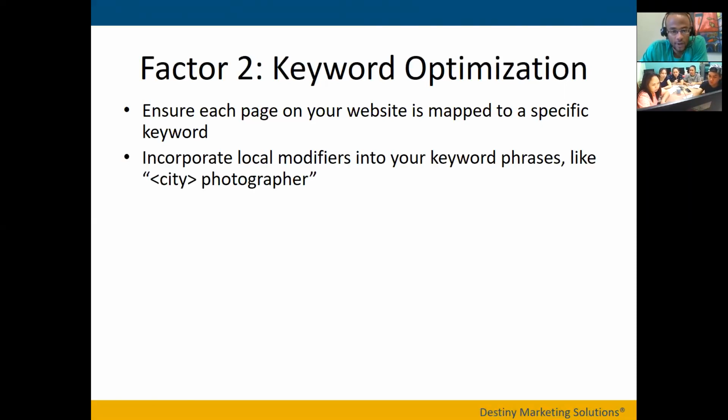For local SEO, there's something called a local modifier, where you incorporate your keyword phrases but also your city. Let's say you were a photographer in Angeles City. Instead of just optimizing your website for photographer, you would do something like Angeles photographer, and then your brand name.